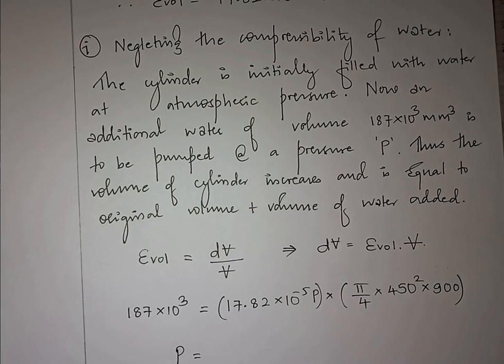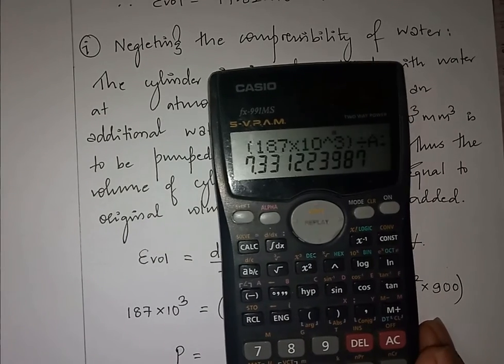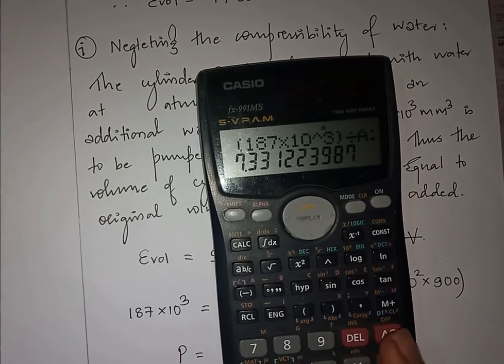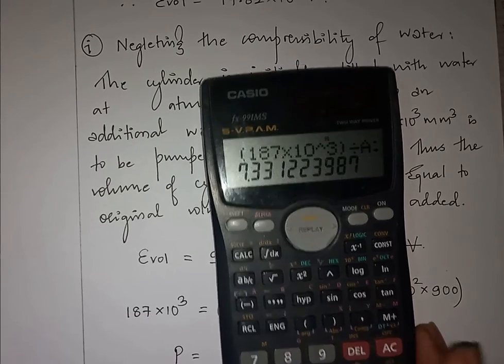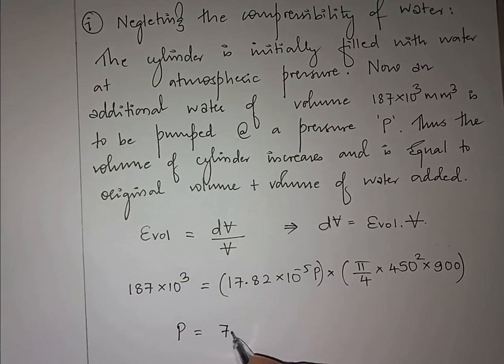So I'll be getting the value as 7.33 Newton per mm square. So I'll be getting the pressure as 7.33 Newton per mm square.